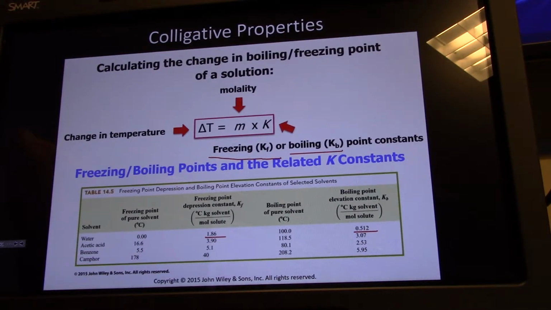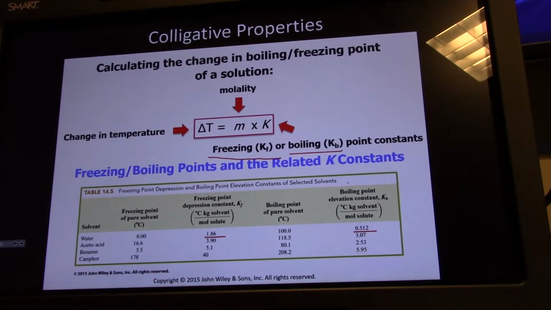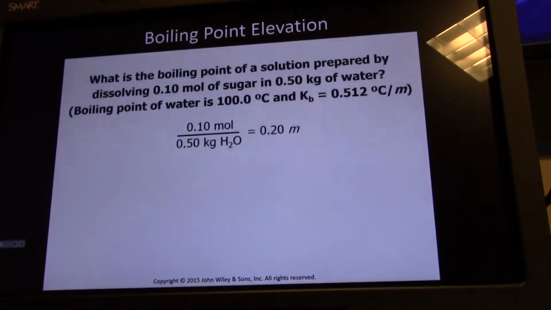The freezing point constant is always different than the boiling point constant. So when you're using freezing points, you subtract the delta T from your freezing point because it's getting lower, and you use Kf. When you're doing boiling points, you add the delta T to your boiling point because boiling points are going up, and you use Kb.